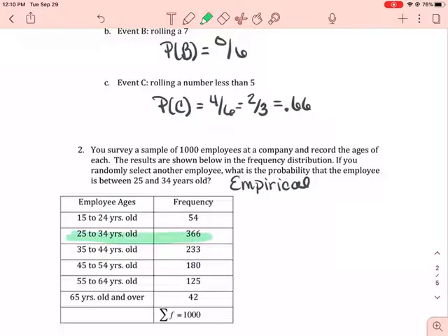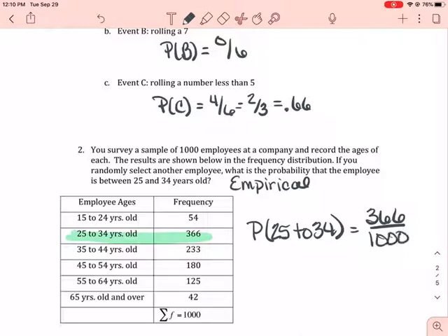Okay, so we're going to look at the 25 to 34-year-olds. There are 366. Probability of 25 to 34: there are 366, so that's the frequency of the event, over the total frequency, which is 1,000. You can leave it at that or write 0.366. Either one of those is acceptable.